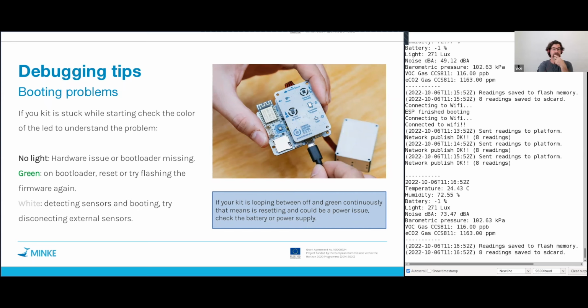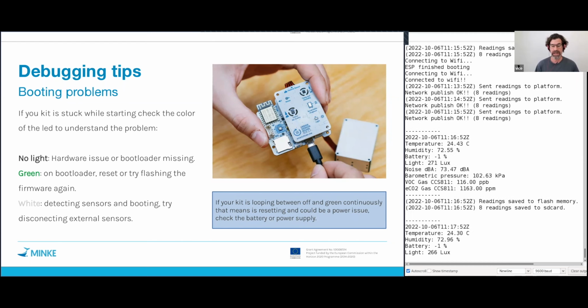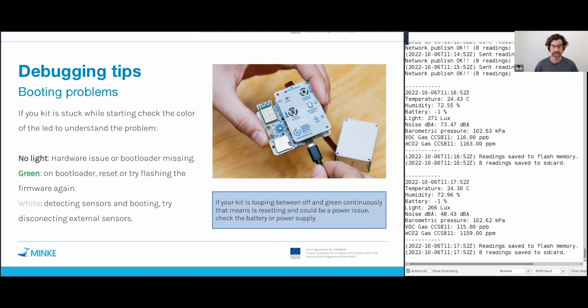The next stage on the boot process is white. White means the kit is detecting sensors and starting the internal systems. The most common reason for getting stuck in white is that external sensors are misbehaving.